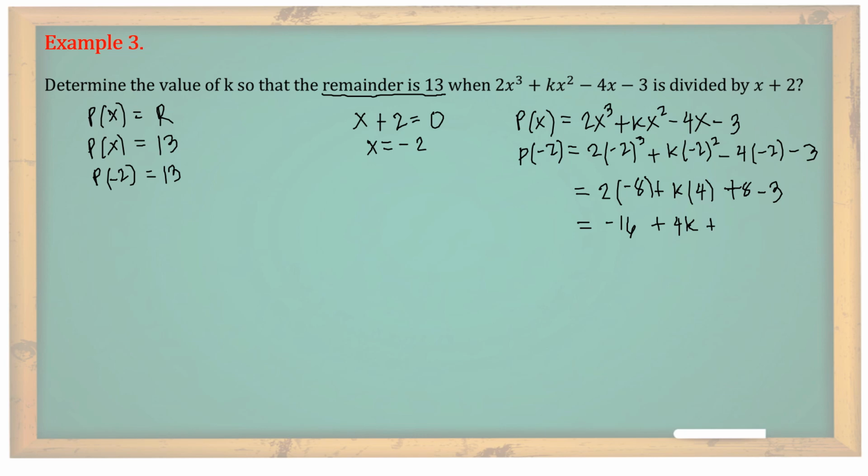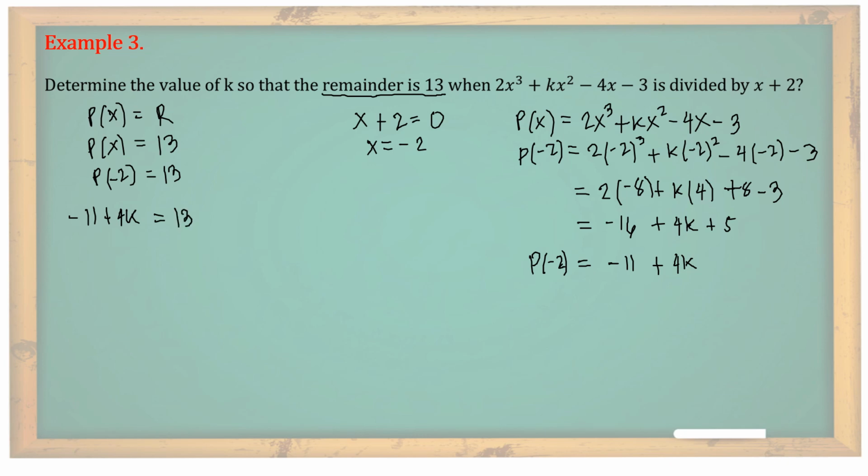So negative 16 plus 5 is negative 11. So negative 11 plus 4k, itong ating p of negative 2. So, i-substitute natin yung value dito ni p of negative 2, which is negative 11 plus 4k equals 13.